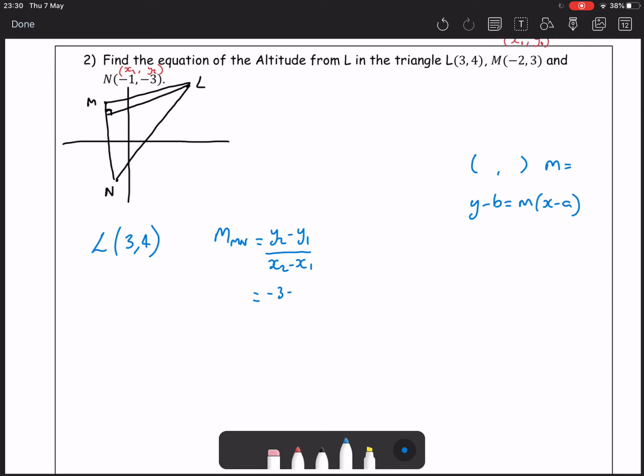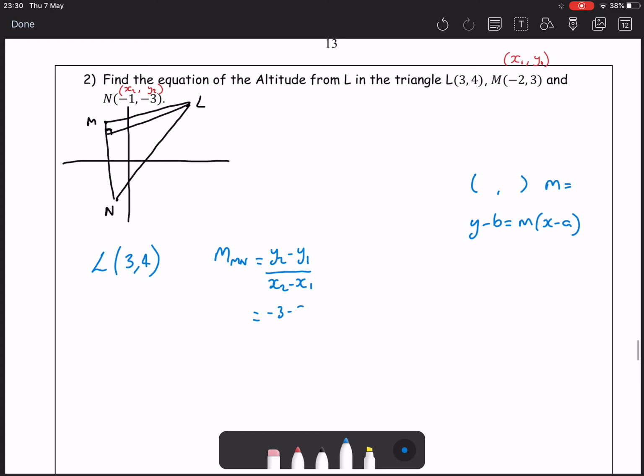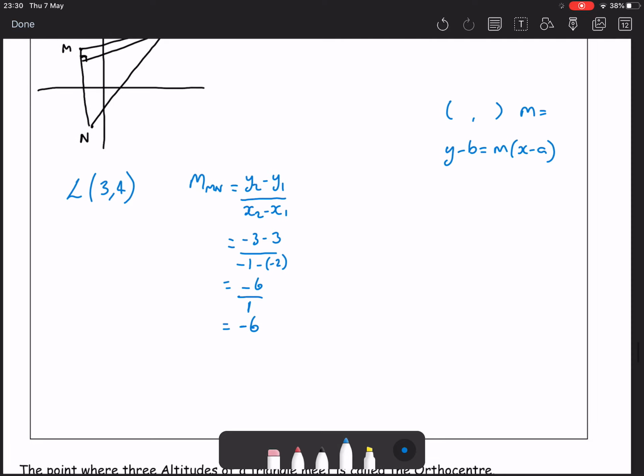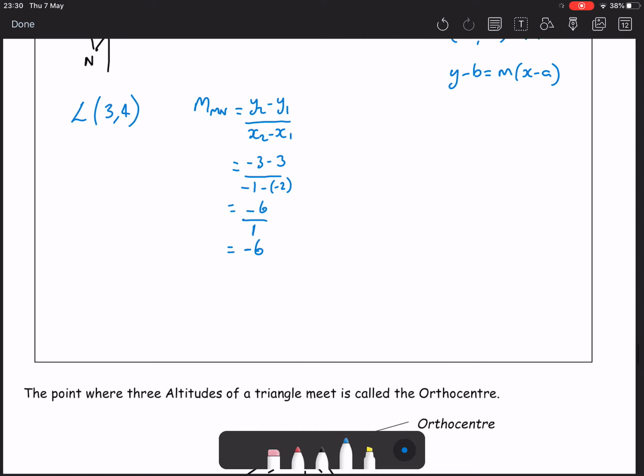So -3 minus -3 over -1 minus -2. So -6 over 1 is -6. And that's my gradient of MN.